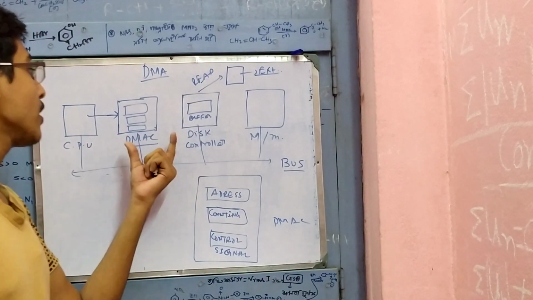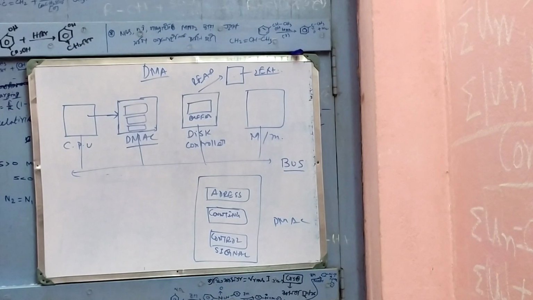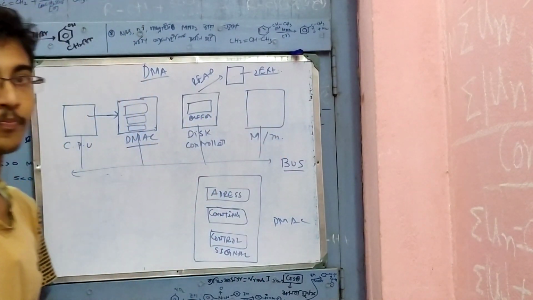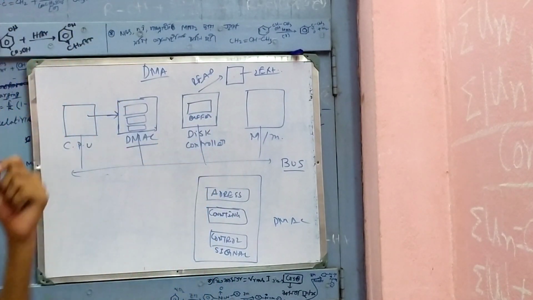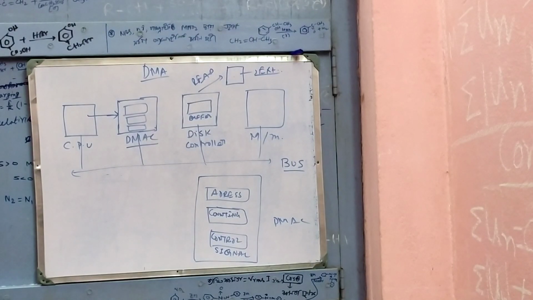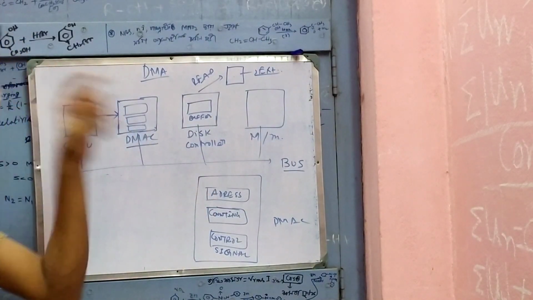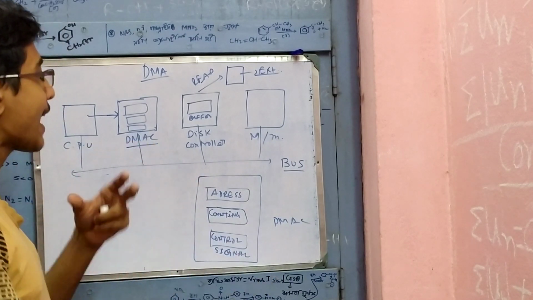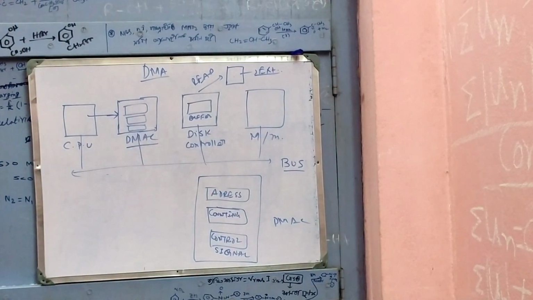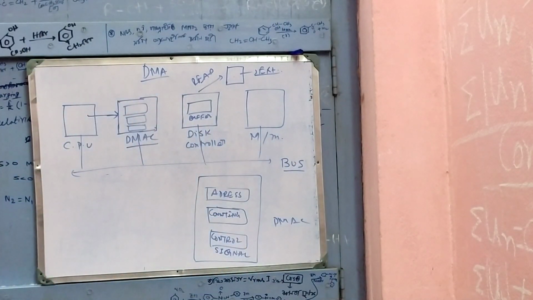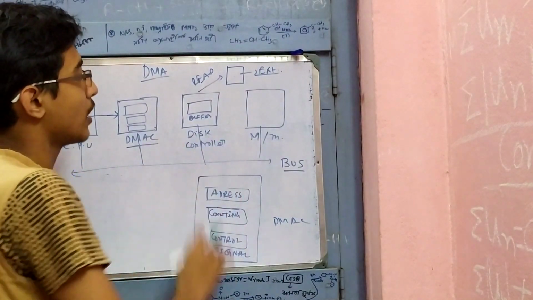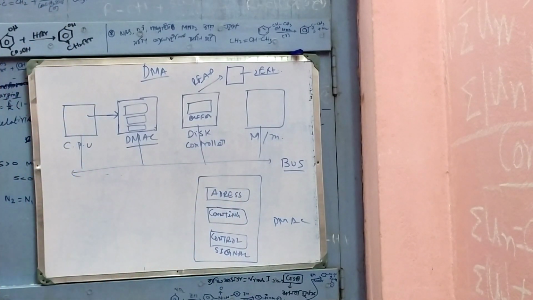Now the DMAC will tell the disk controller, if you get some data, then take it to the main memory, from the buffer. Why do we need a buffer? The DMAC can only take actions into the buffer. That means the DMAC can do anything if and only if the memory unit is the buffer.